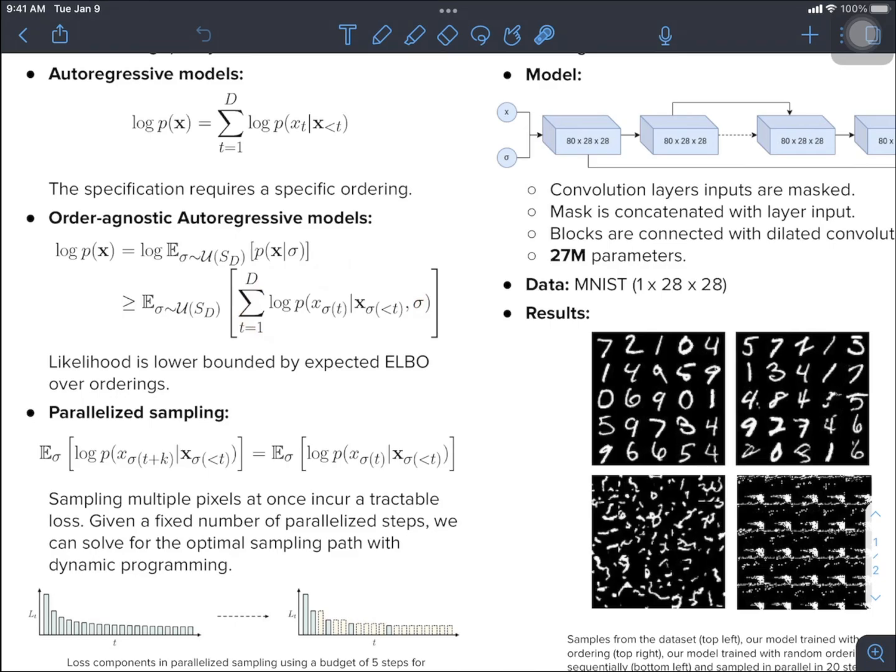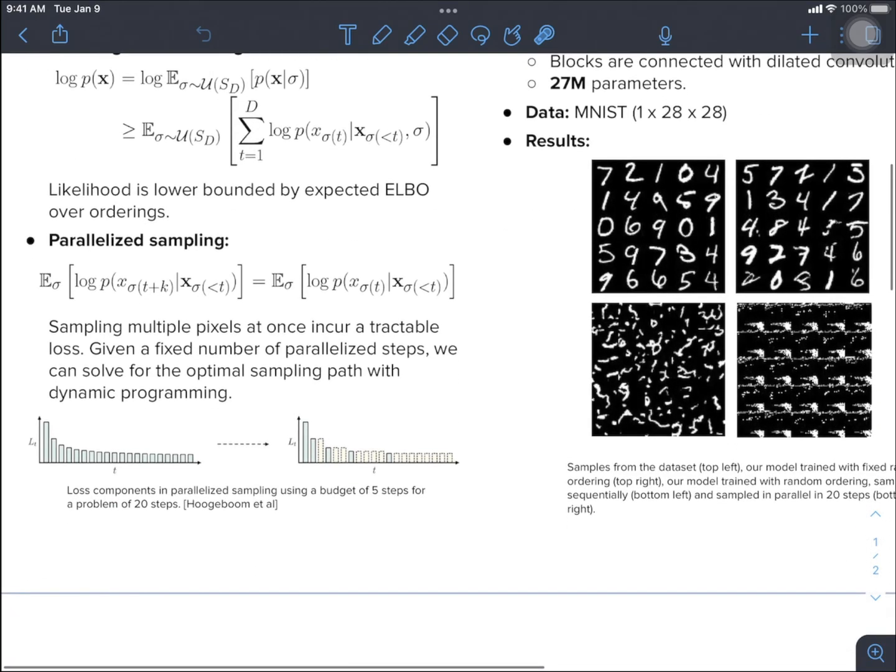So why do we care about order-agnostic autoregressive models? The reason is because of a technique called parallelized sampling. The key idea here is that let's say you have an order-agnostic model and the data dimension is 6, and you have sampled 1, 2, and 3.